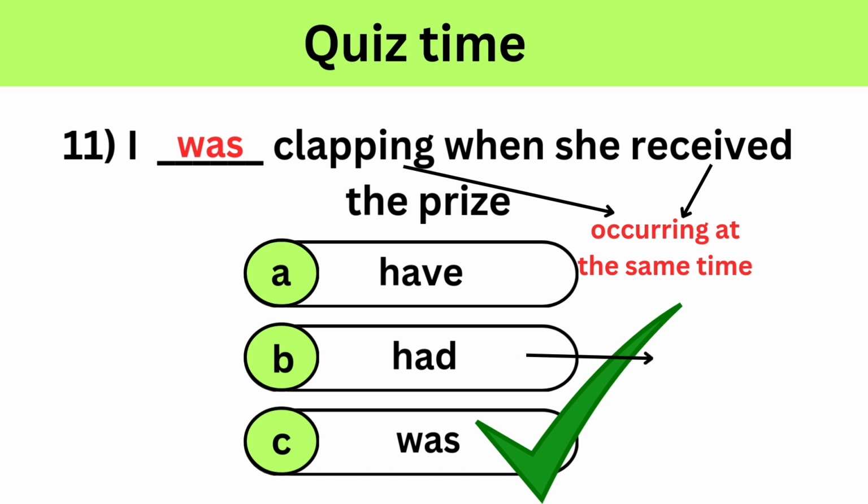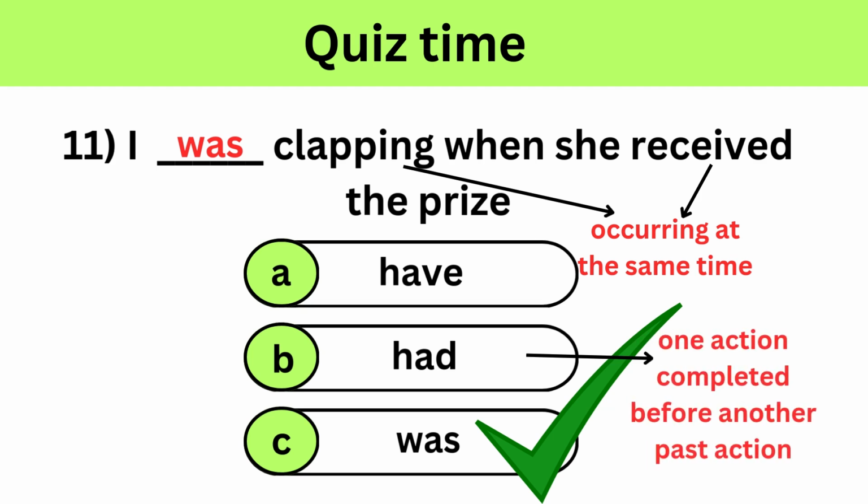We cannot use had because that would form the past perfect tense, which indicates an action completed before another past action. Whereas in this sentence, the clapping and receiving happened simultaneously.